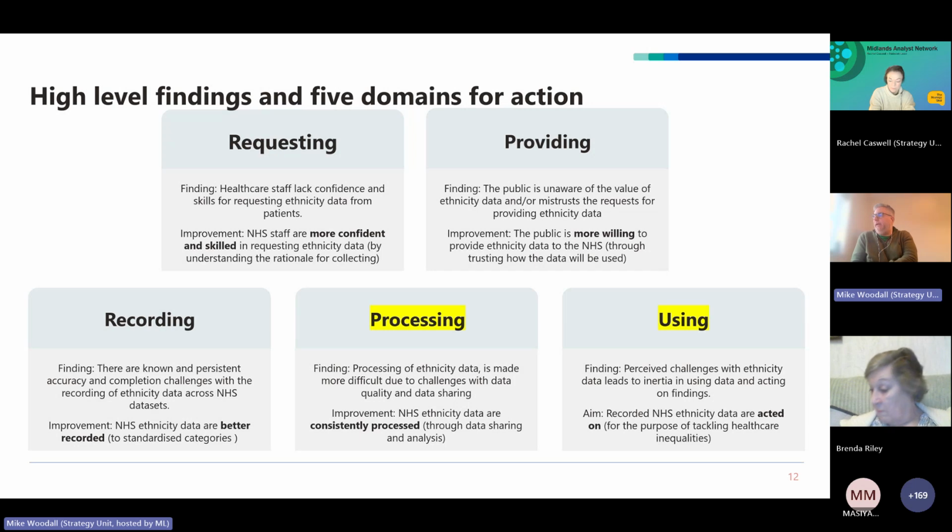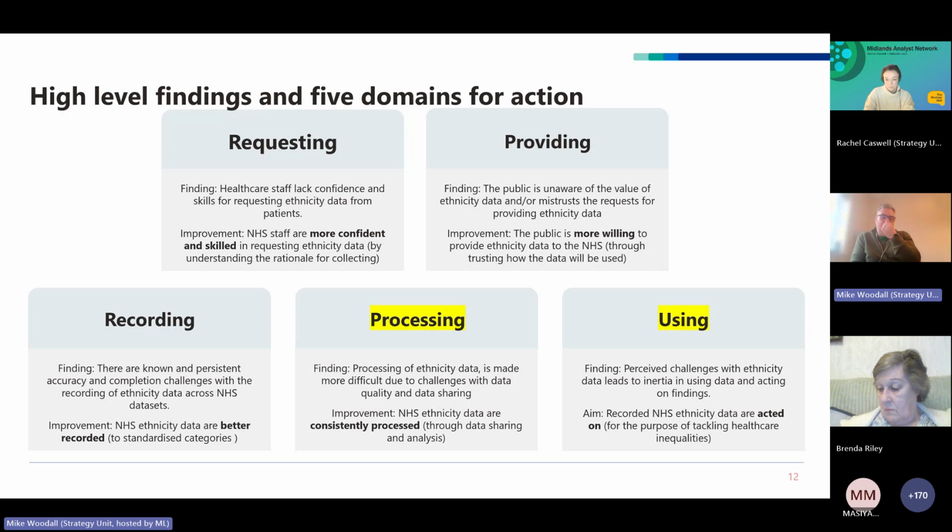Then providing, so that the public is aware of the value of this data. We're providing information that helps them to be more willing to provide it. It's about improving their care and improving other areas, so we need to be clear why we're collecting that data and how it benefits patients.